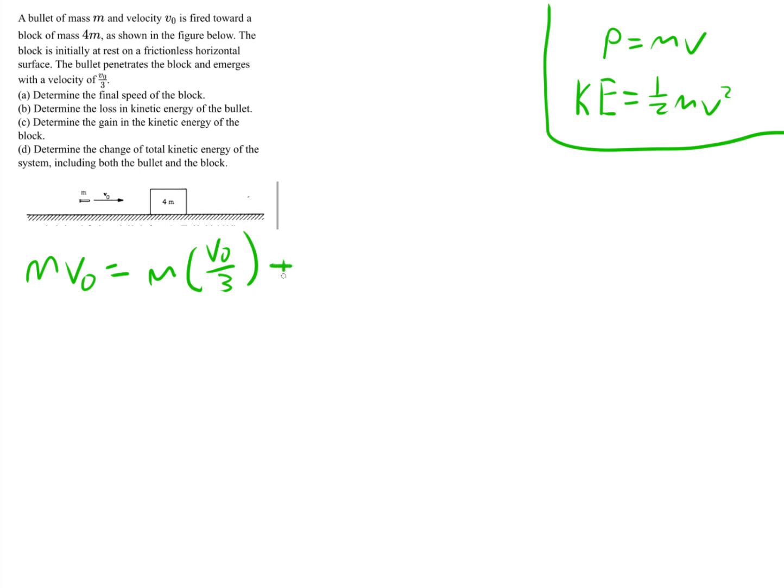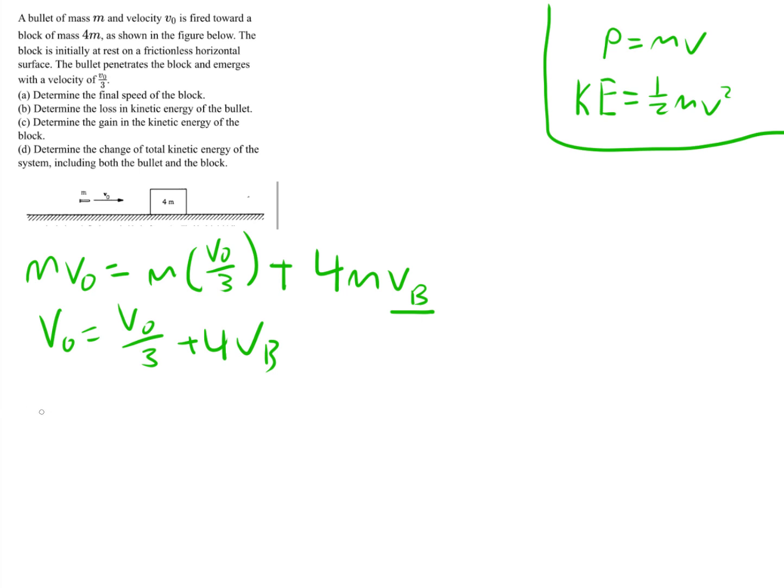And then we need to add that plus 4m, that's the mass of the block, times the velocity of the block. And it's asking us to find the velocity of the block here. So first off, we can just cancel everything. And now we just need to solve for the velocity of the block.